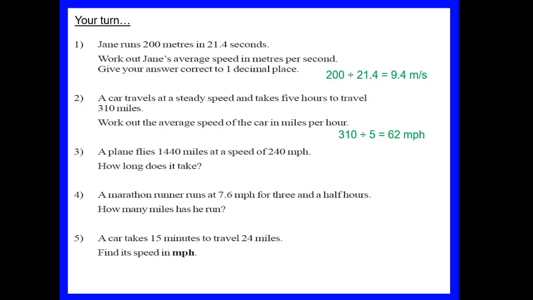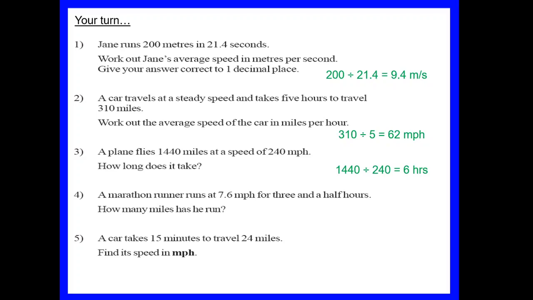For number 2, we're going to do 310, so it's distance divided by 5, the time, which gives us 62 miles per hour. For number 3, we're working out the time, so we're doing our distance divided by our speed, which gives us 6 hours.